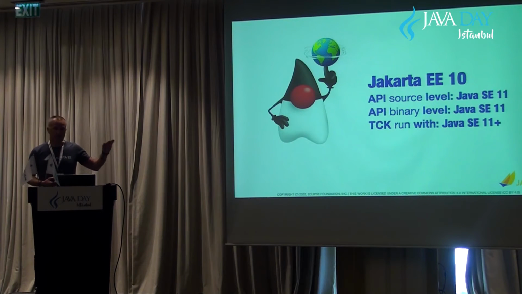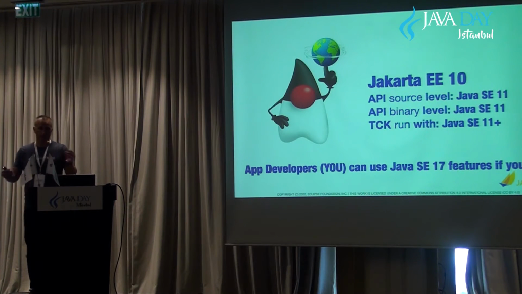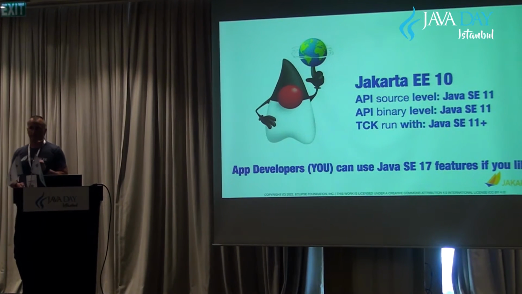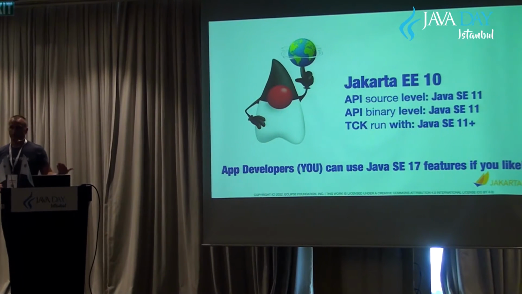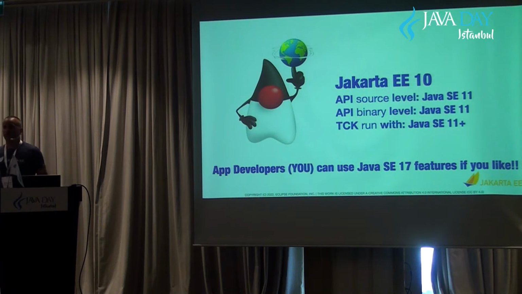But we're ensuring that the tests are running with 11 and 17. And that means you can use 17 features in your application if your server supports it. And if you want to use Java SE 17, you can, but you can also stay on 11. But if you're on 8 or earlier, upgrade to 11 in order to use Jakarta EE 10.